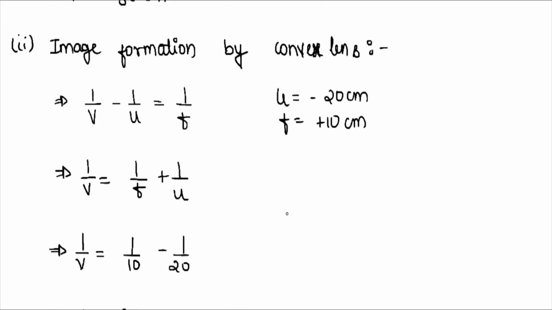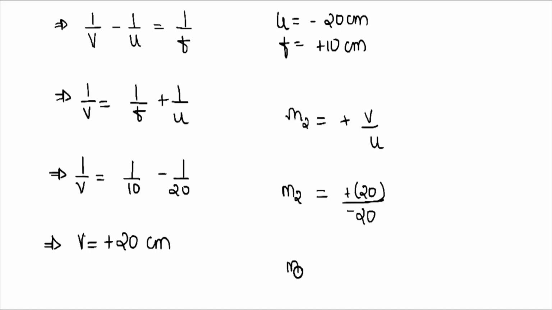And m2 will be v by u, because it is the case of a lens, so it will be plus v by u. And if we do this, our v is 20 centimeters, which is positive, and u is minus 20. Now m2 will be minus 1.